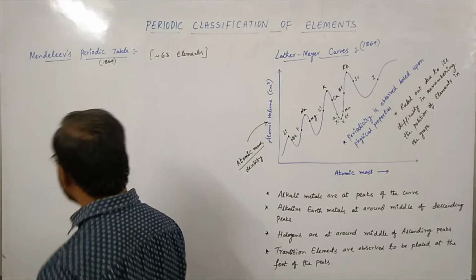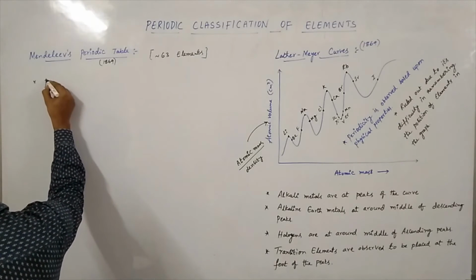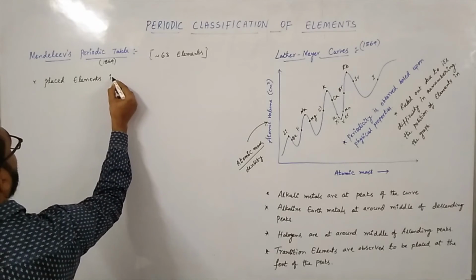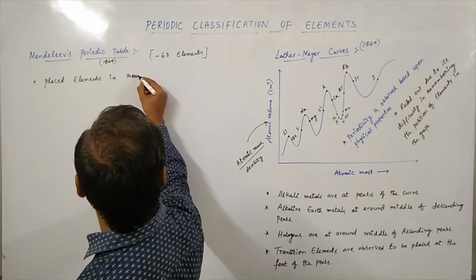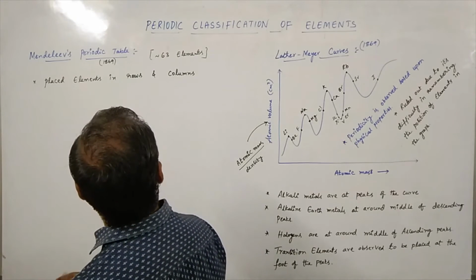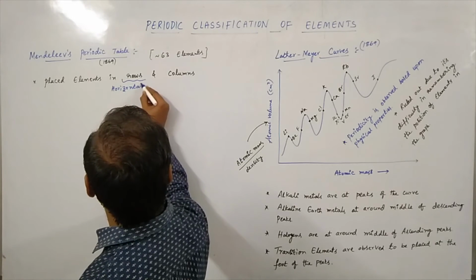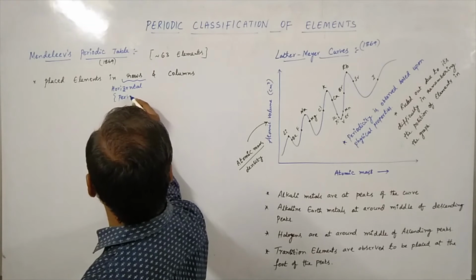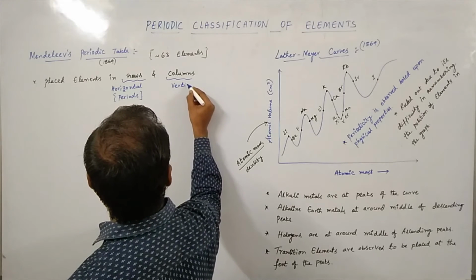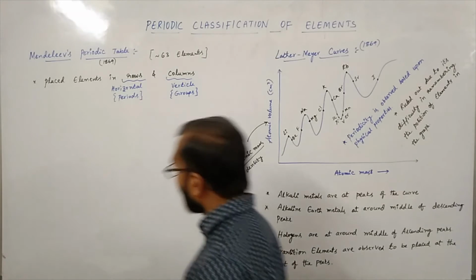He is the first one to propose vertical columns and horizontal rows. So place elements in rows and columns, right? Rows means horizontal, which we call periods, whereas columns are vertical, which we call groups.